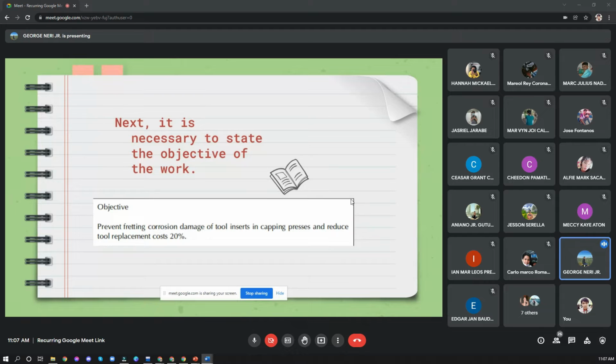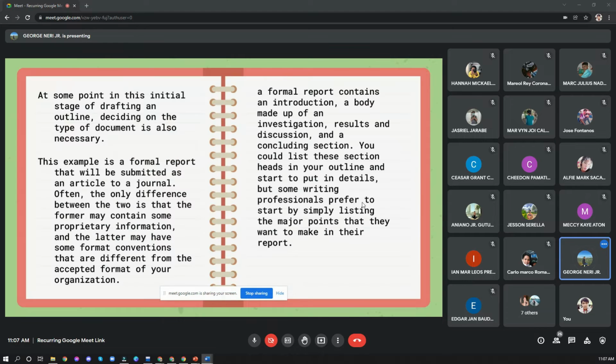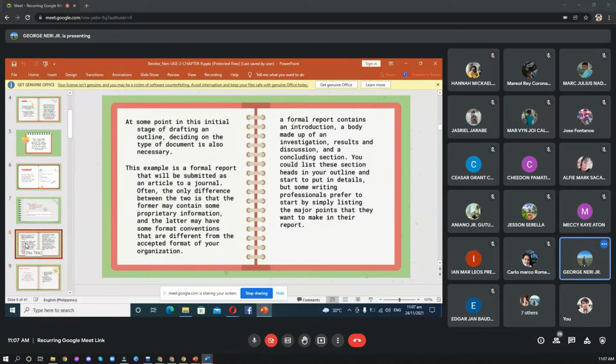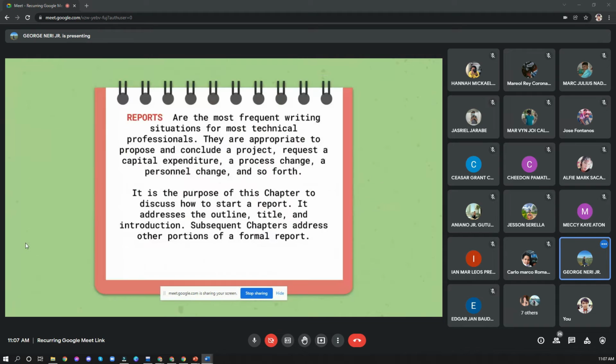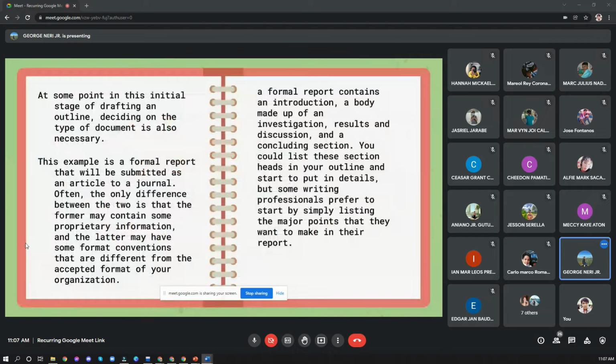Next, it is necessary to state the objective of the work. Objective: prevent fretting corrosion damage of the tool insert in the coming process and reduce tool replacement cost 20%. At some point, in this initial stage of drafting an outline, deciding on the type of document is also necessary.